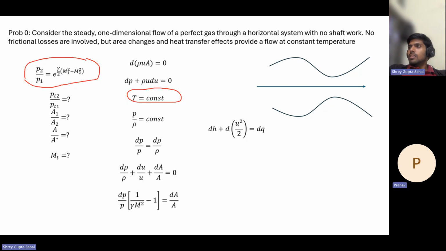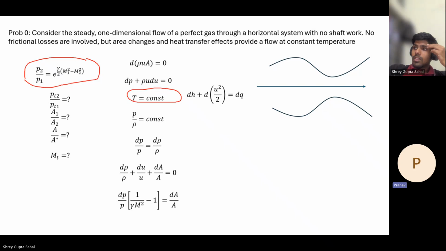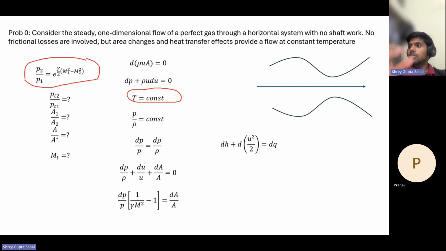So basically, the Mach number depends on the temperature locally. If the temperature is constant, then the speed of sound would be constant. See, that is what I was saying.